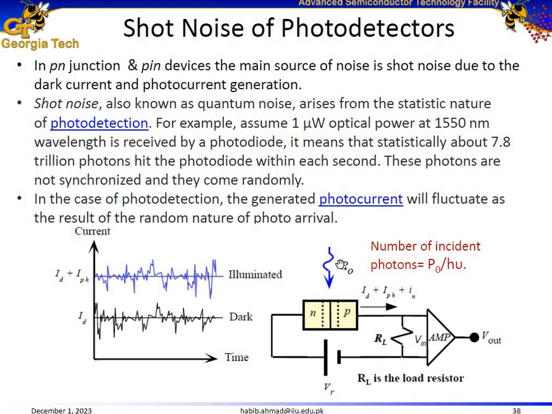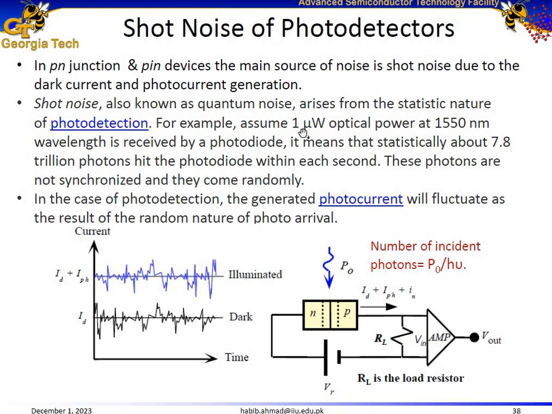because the incoming incident photons do not all hit this surface at the same time. They hit this surface randomly, at different times. And this is not just one photon or a few photons. For example, assume that the incoming incident light has a power of 1 microwatt.